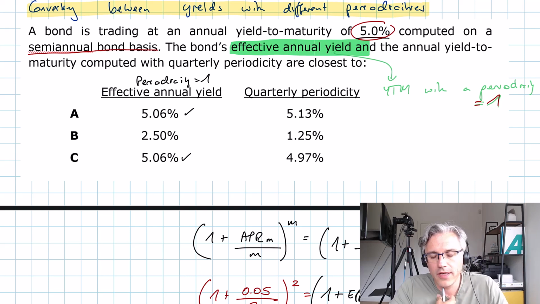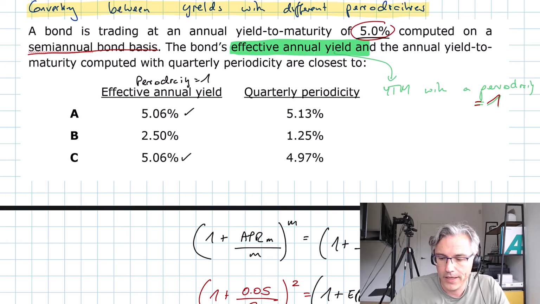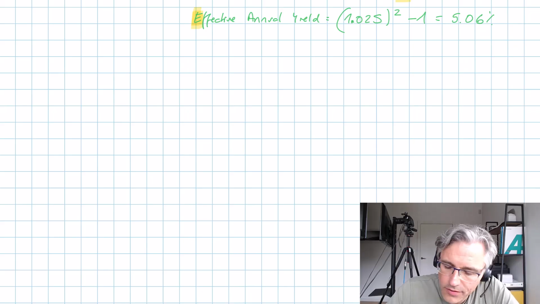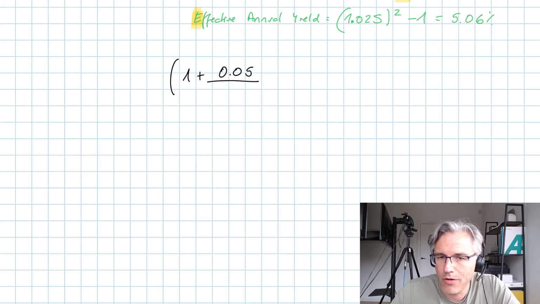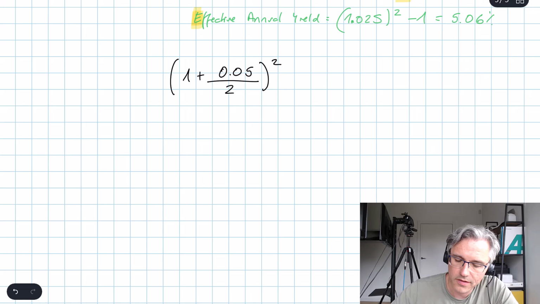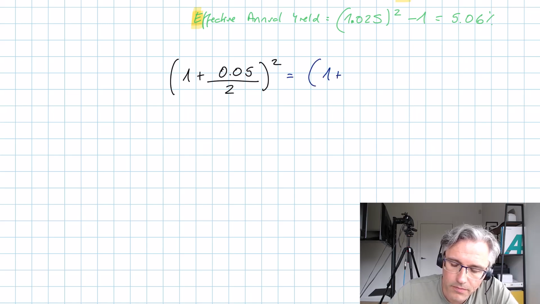Now, hopefully you can get what the quarterly number should be, because once again, it's all about the relationship with compounding. For everybody else, let's do it properly on paper. Using the same relationship, 1 plus 0.05, that was the semi-annual bond basis yield, divided by 2, to the power of 2, assumed periodicity of 2, equals 1 plus an APR with quarterly compounding, divided by 4, to the power of 4.